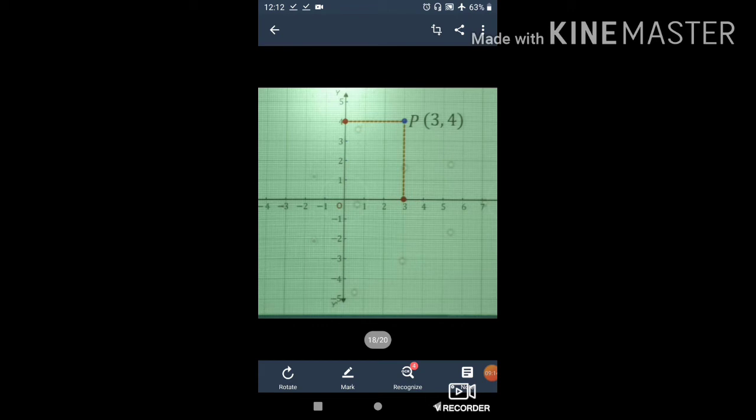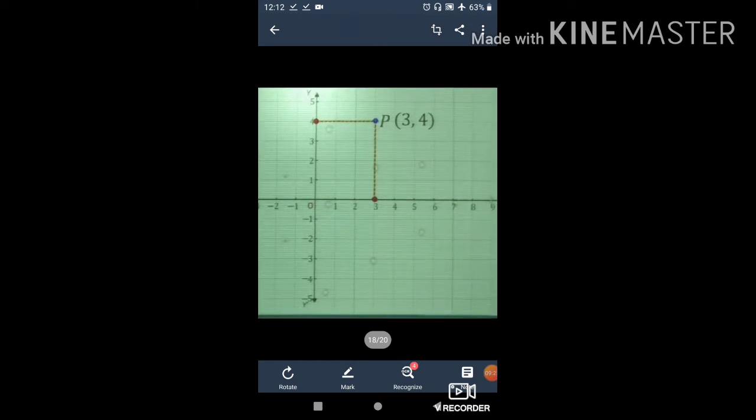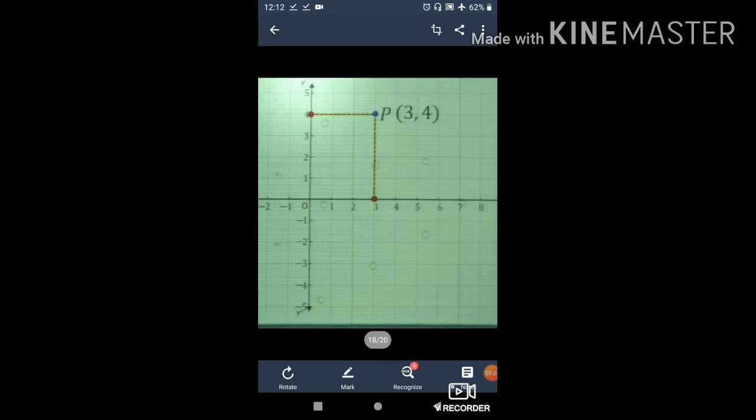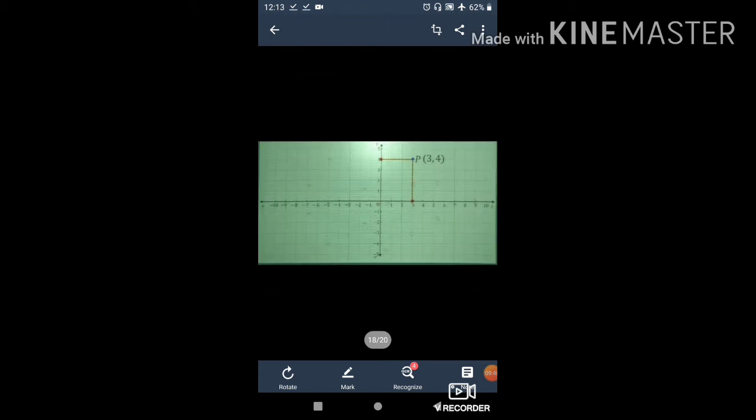So it is 3 distance. That is positive only, because in the first quadrant all points are positive. Then we check the vertical distance on the y-axis. Just check here, 0, 1, 2, 3, 4. It is coming 4. So (3, 4) is the position of point P. It shows that there is a distance of 3 along the x-axis and a distance of 4 along the y-axis. This shows the position of point P.